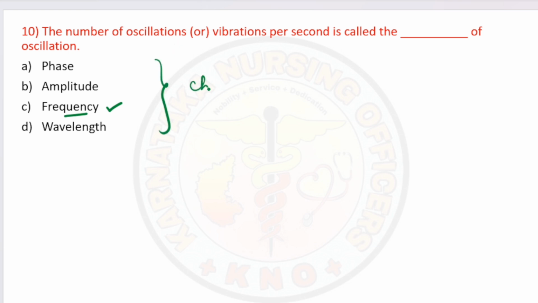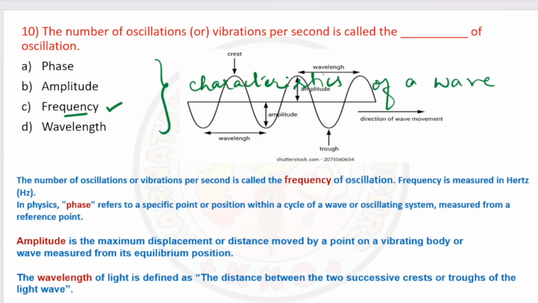So these four are the characteristics of a wave. That means wave characteristics are nothing but phase, amplitude, frequency, wavelength.